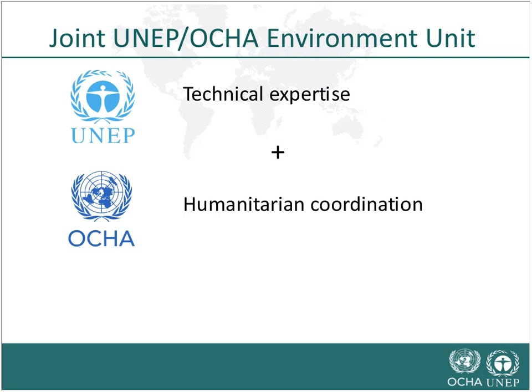So we make the best use of the technical capabilities and expertise of the one organization, but at the same time insert them in a coordination and response mechanism. Through OCHA, UNEP is able to provide 24/7 emergency response capabilities to affected countries.